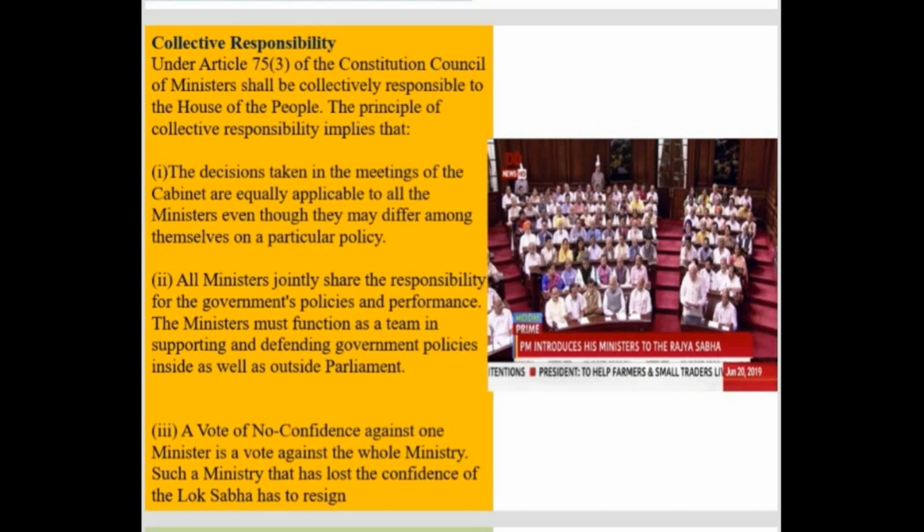It is the responsibility which is shared equally by all members of the Council of Ministers. All the members are equally responsible to the House of the People, which is the Lok Sabha. So all the ministers are directly responsible to the Lok Sabha.